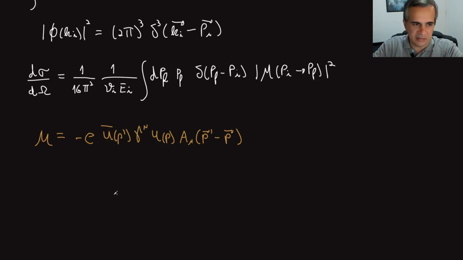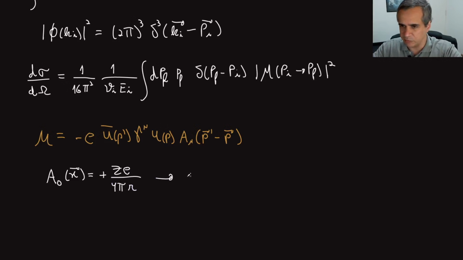And if it is just a nucleus sitting there and not moving at all, I know how to write the electric potential, right? A0 of x for just a nucleus will be Z times the charge, divided by 4 pi r, which means that in momentum space, I just have to do the Fourier transform of that.